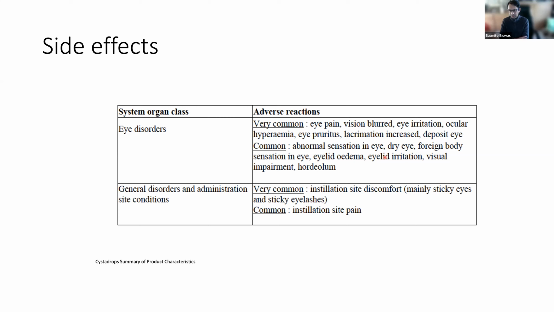It's not surprising, because it just stays on the ocular surface for a bit longer. But as long as you understand that, that's the key thing, not to worry about it, because it is expected. And usually, with continued use, one would expect that this becomes less of an issue.